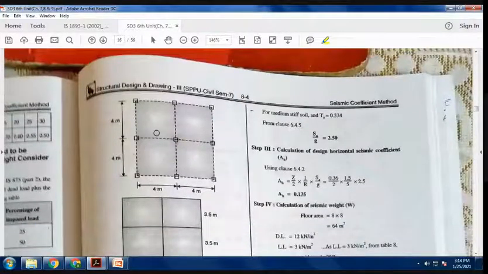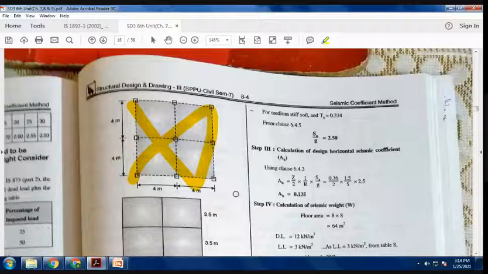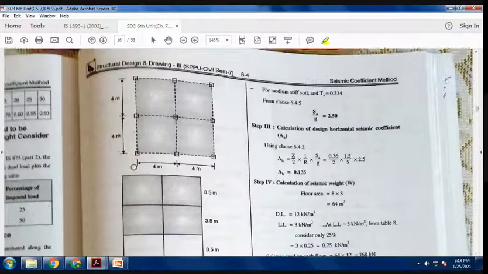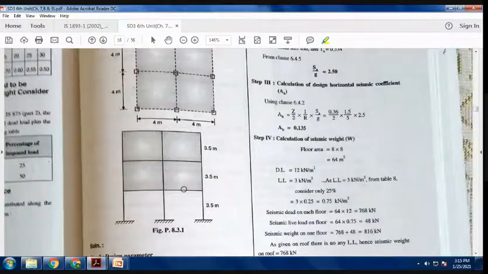Here you can see this is a plan, for 8 meter by 8 meter, and the elevation is like this. This is first floor, second floor, third floor. Four story means there will be 4 slabs, 5 story means 5 slabs, 6 story means 6 slabs.